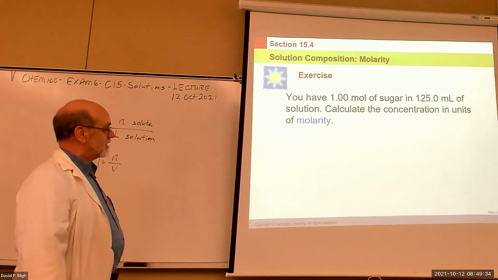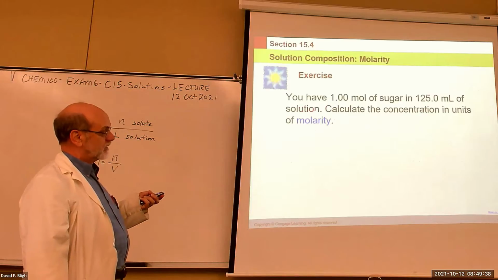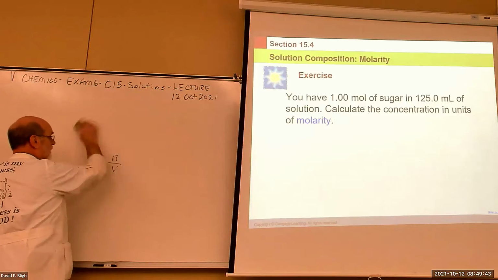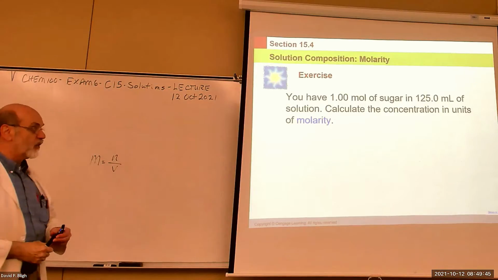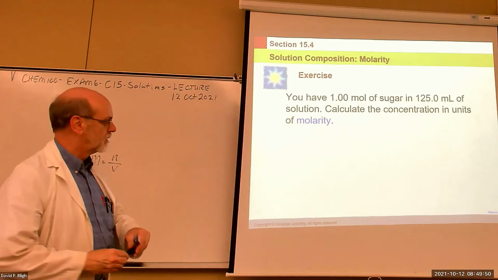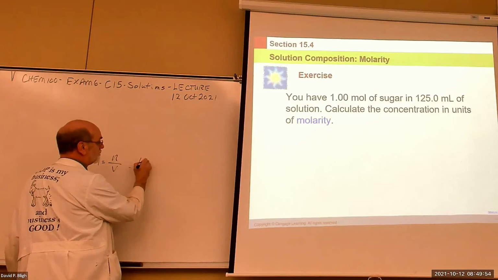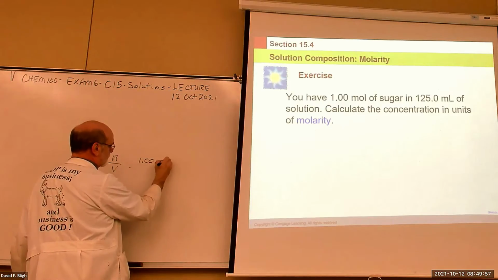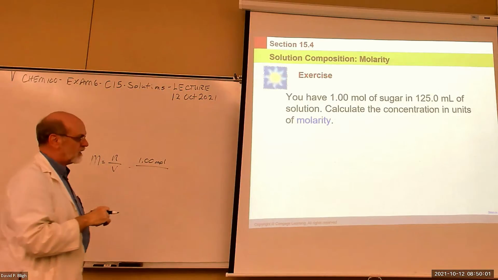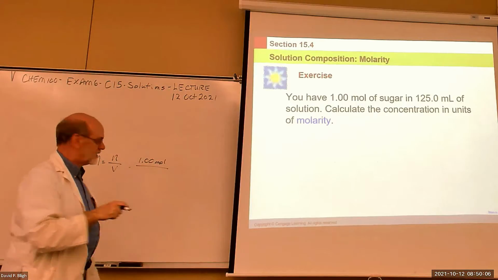All right. If we have 1 mole of sugar and 125 milliliters of solution, what's the concentration? The purpose of this exercise is to drive home the point that units of measure do matter. If we have 1 mole of sugar, what volume is the solution? 125 milliliters needs to be in liters, right?